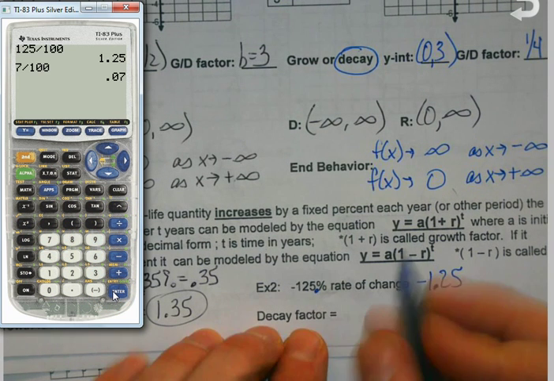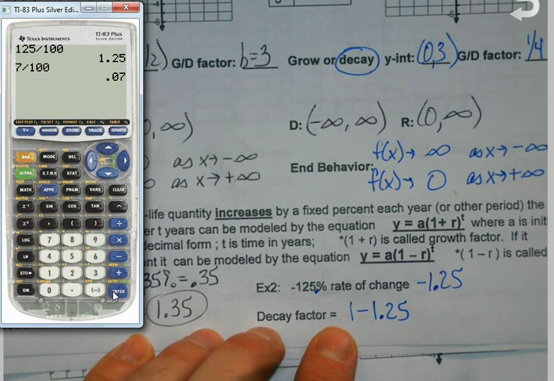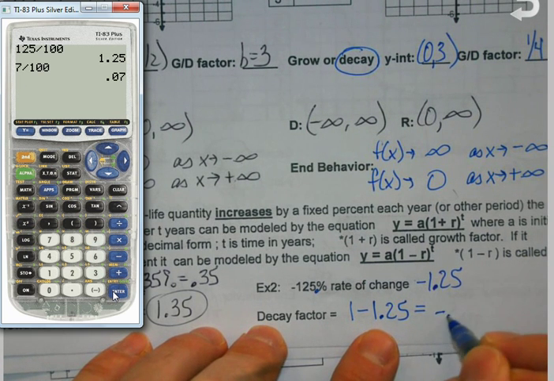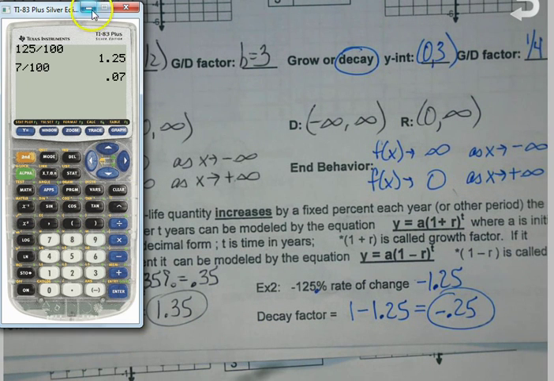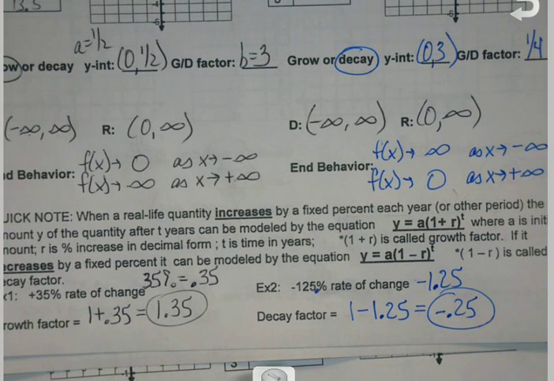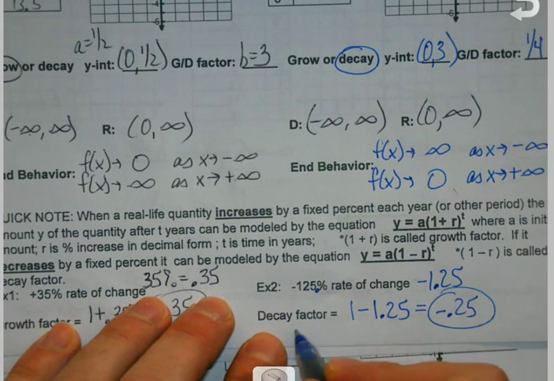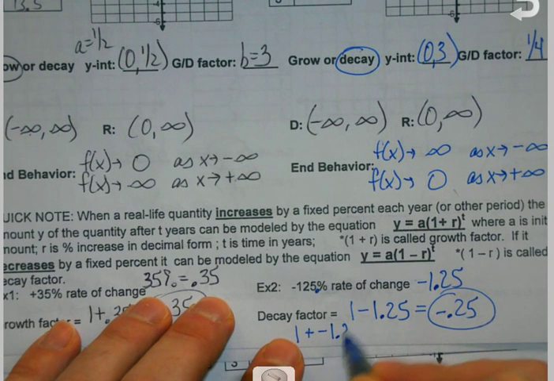So here, I'd do 1 minus 1.25. So yes, I can get negative factors and do it that way. Wouldn't you plus it as minus? I could write it, if I wanted to, as 1 plus negative 1.25.